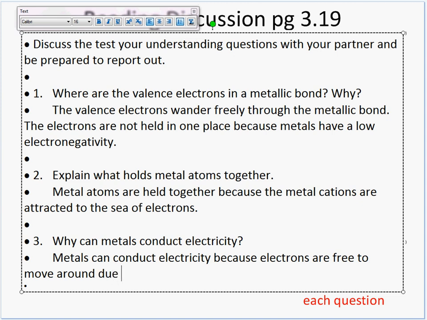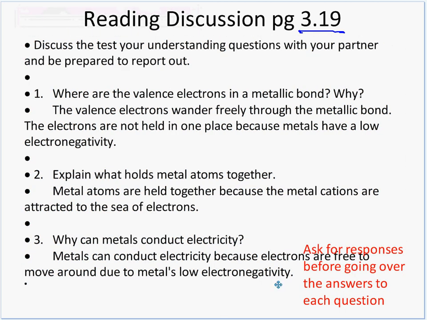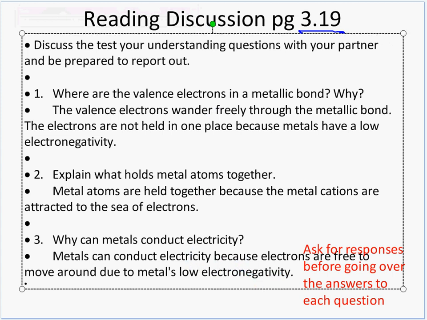We can say due to metals' low electronegativity. This is kind of a similar question to number 1. Right? It's a similar answer, I suppose. What are the electrons doing? Where are they? Well, they're moving freely. That's what allows metals to conduct electricity. Okay, so we've got these 3. Moving on.